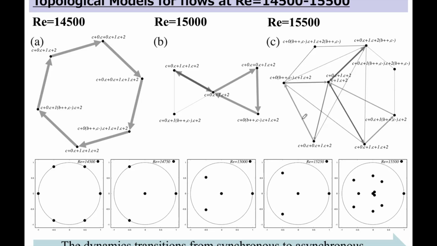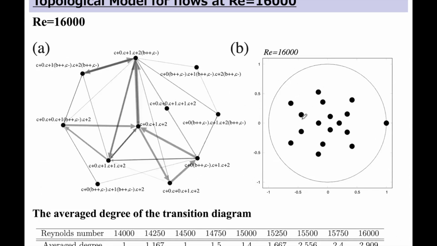This indicates that we have some transition in terms of the graph evolution, the Markov process, in this time evolution. In that sense, we can detect the transition from a laminar state, to a periodic state, to a weakly chaotic state. This is the final state at 16,000. The graph becomes much more complicated, and the eigenvalues are much more spread out inside the unit circle.